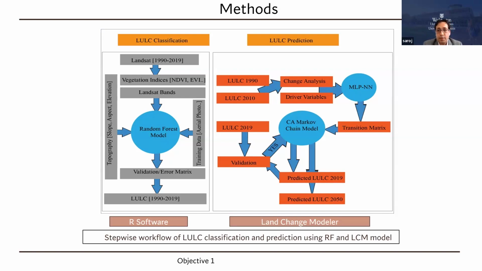For prediction for 2050, I used the Land Change Modeler, which is an independent program developed by Idrisi at Clark University. It uses a multi-layer perceptron neural network, which is also a machine learning algorithm that works on a feed-forward artificial neural network system that includes multiple layers of neurons with nonlinear activation functions.